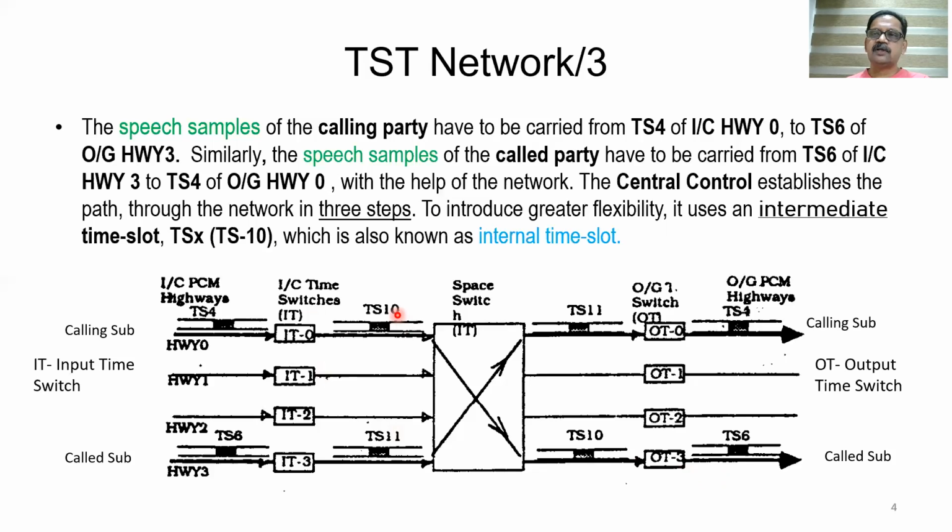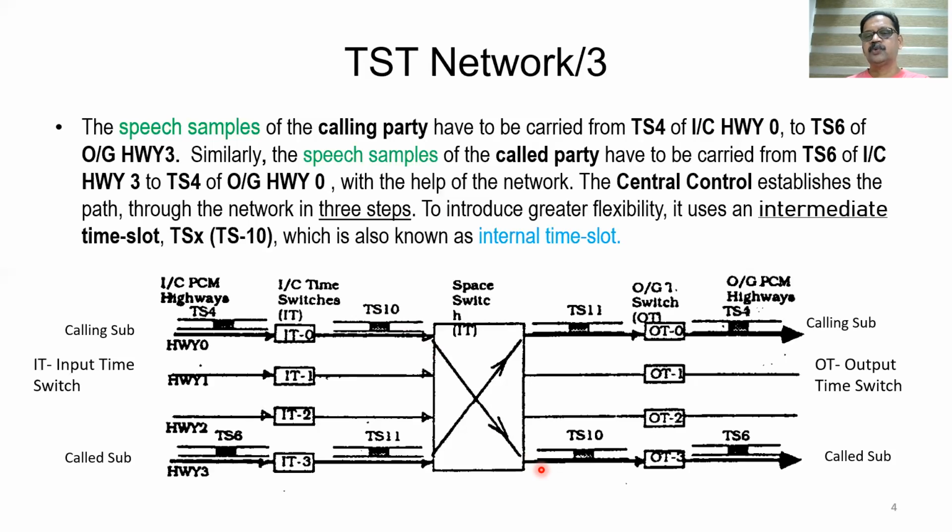Why is this internal time slot required? Because the first stage is a time stage, it changes the time slot TS4 to TSX, where X we are assuming as 10. So TS10 in highway 0 is switched to highway 3 TS10.